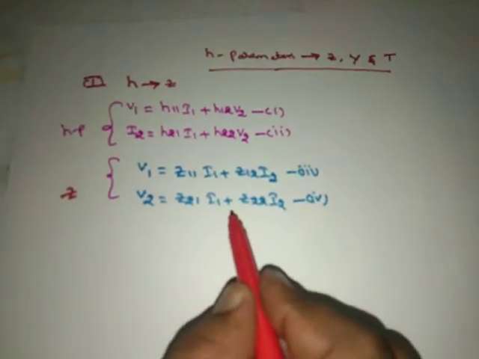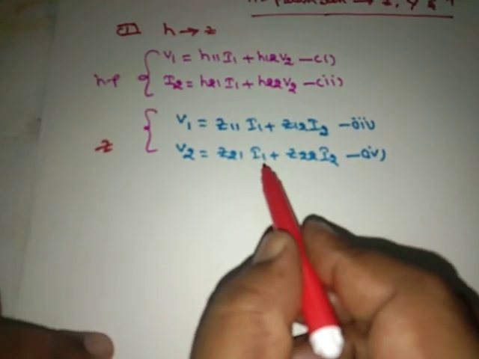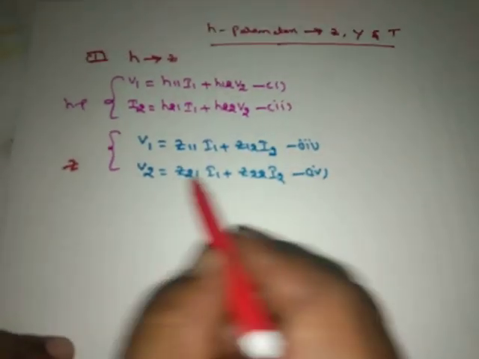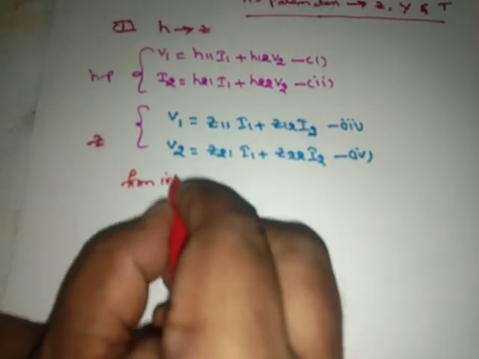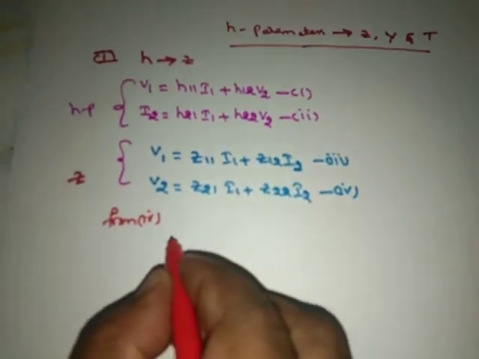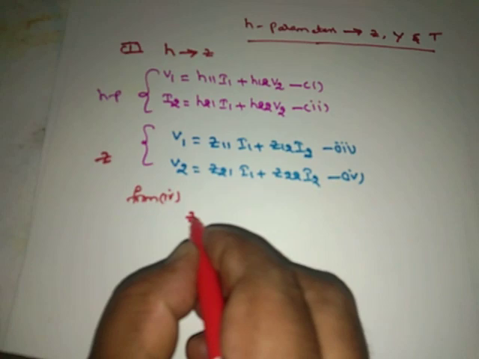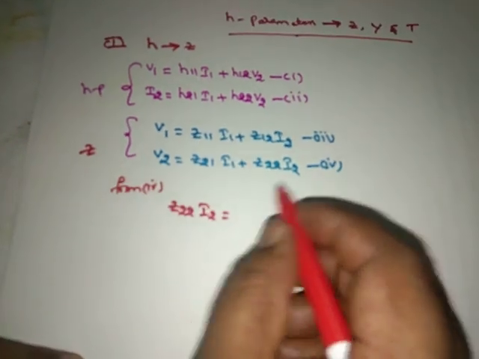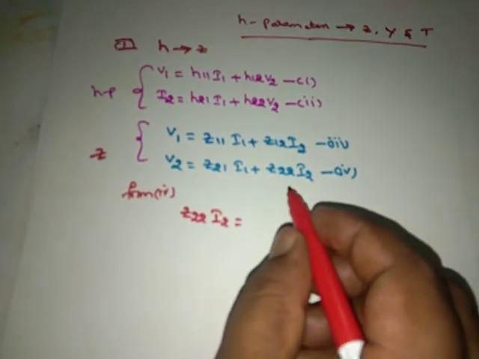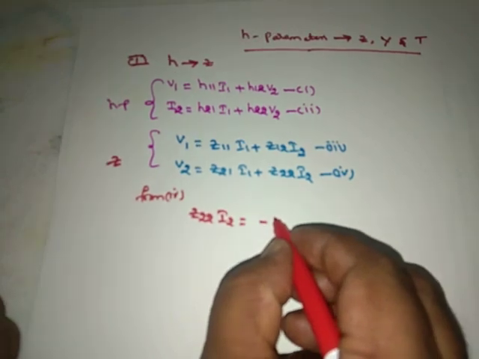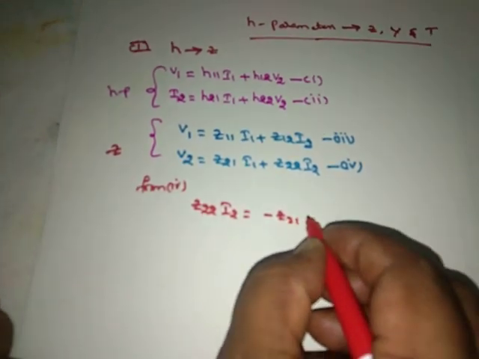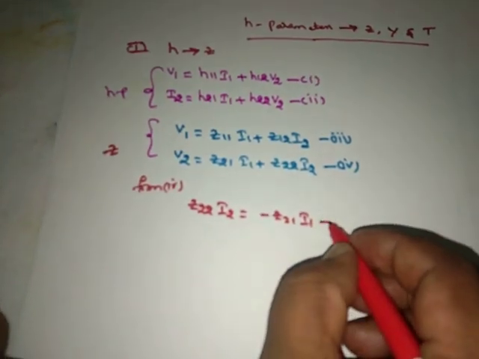Now observe V1 and I2 from 4: Z22 I2 is equal to V2 minus Z21 I1.